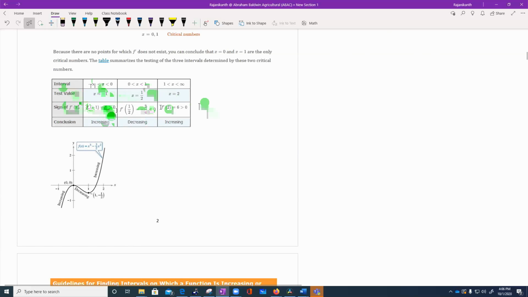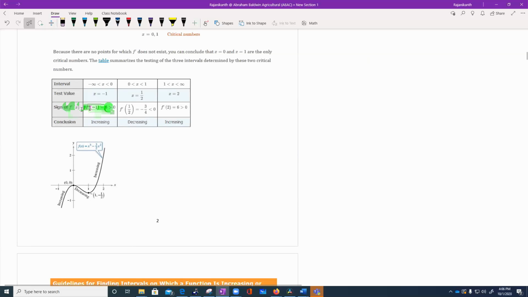To identify whether the function is increasing or decreasing in the given interval, it is enough to check only a single point. That is why we call this a test value. So simply pick one value, any value in this interval, it's up to you. Plug that x value into the first derivative function, then check the sign.